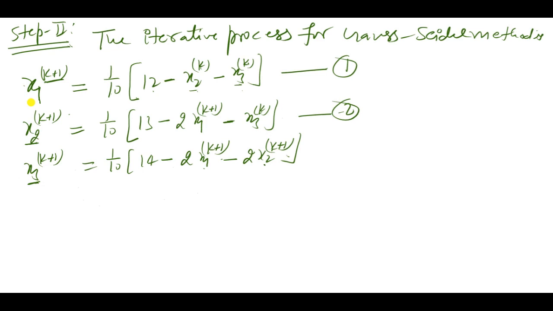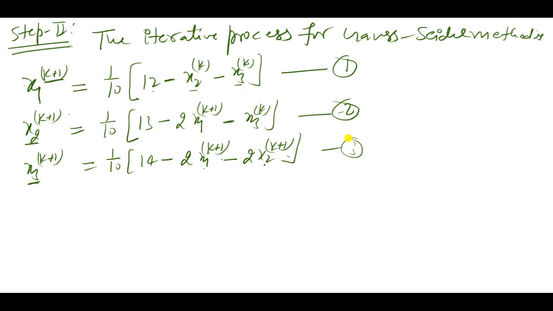So in this third equation, x1 and x2 are in terms of the (k+1)th iteration, that is x3^(k+1) is equal to 1 upon 10, 14 minus 2 x1^(k+1) minus 2 x2^(k+1). So this is the iterative scheme for the Gauss-Seidel method.